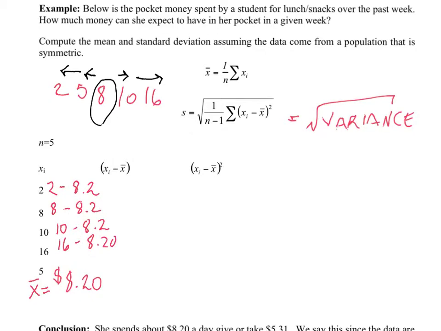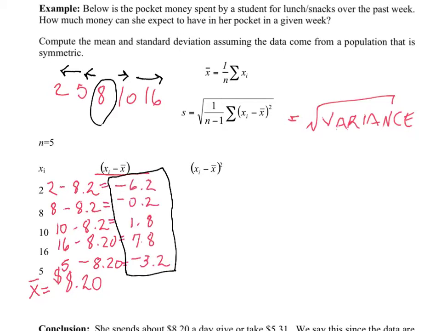And 5 minus $8.20. And I'm going to put the values here, okay? So here are my computations of the deviation from the mean. That's what this column represents, deviation from the mean, the sample mean.